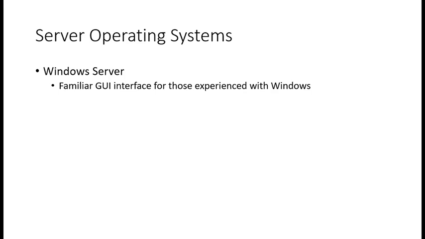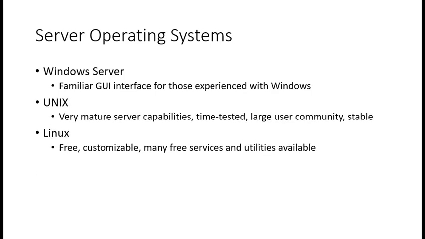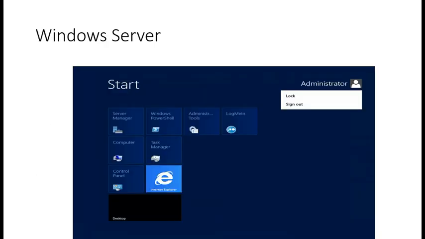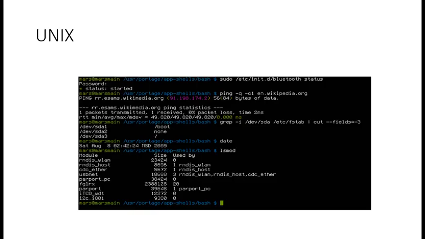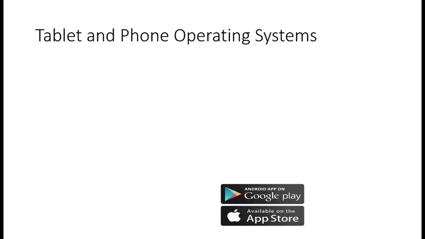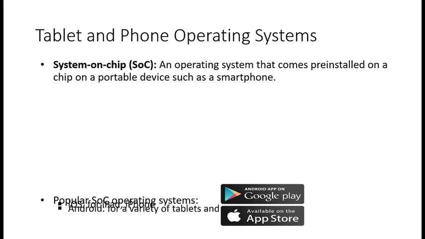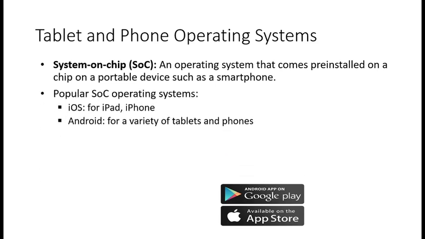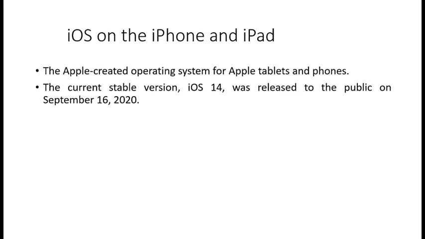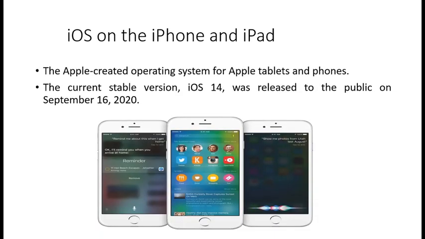And the server operating systems are there: Windows Server, Linux Server, and Unix Server. Windows Server is shown here, Unix Server is shown here, and the phone operating system is shown here. System on chip operating system. iOS, iPhone, iPad, all are present here.